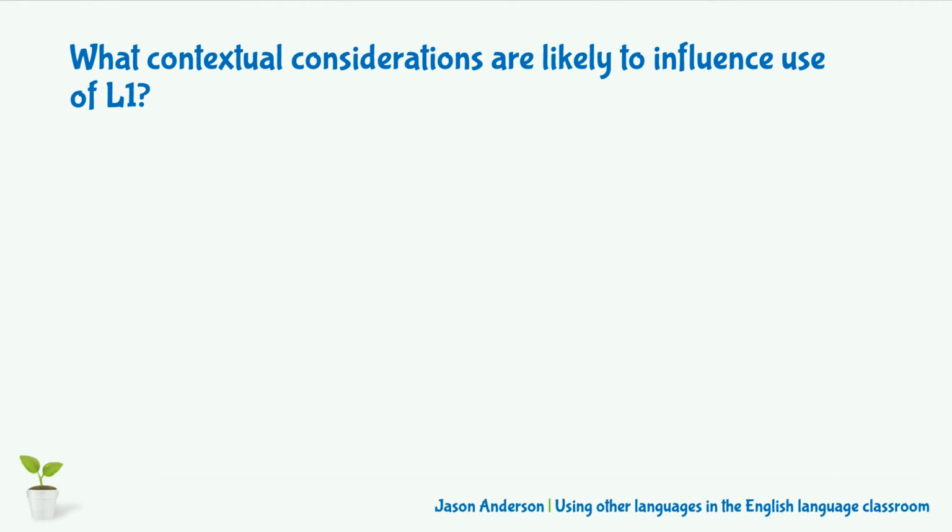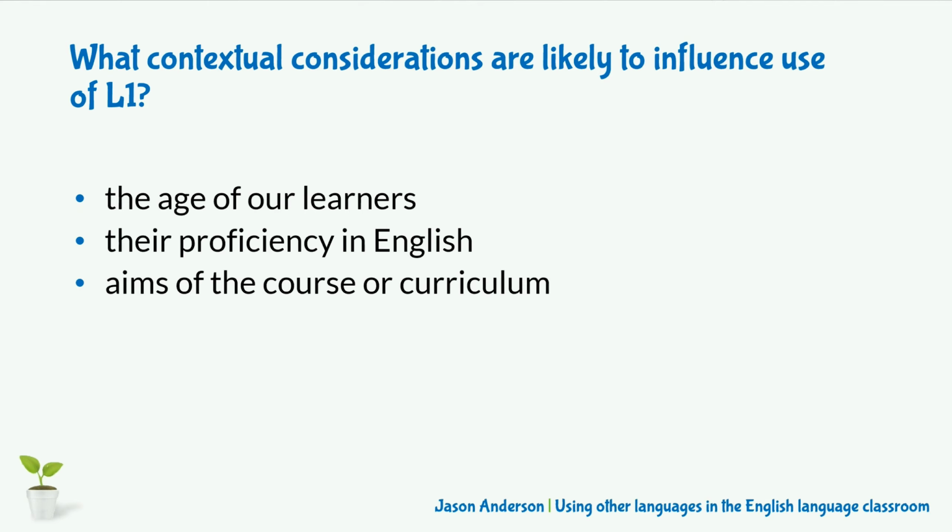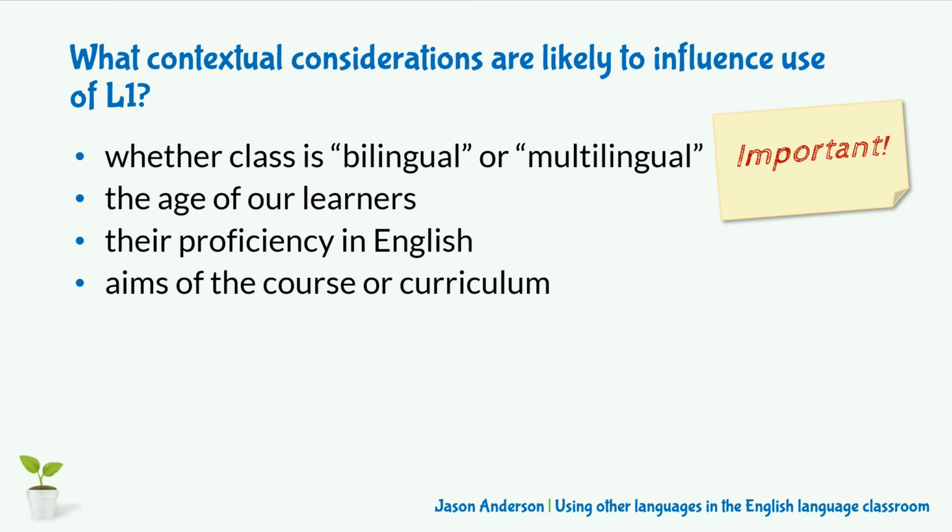Important contextual factors are always likely to influence both the need for and the usefulness of other languages in the English language classroom. These include the age of our learners, their proficiency in English, and the intended outcomes of a course or curriculum. Although the single most important factor to consider in this area is whether we teach a bilingual or multilingual class.